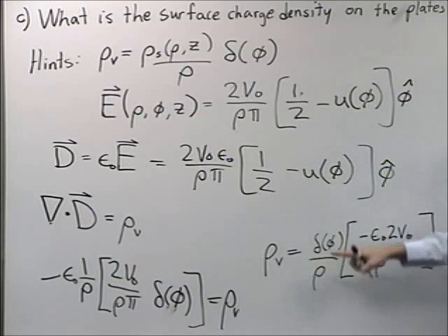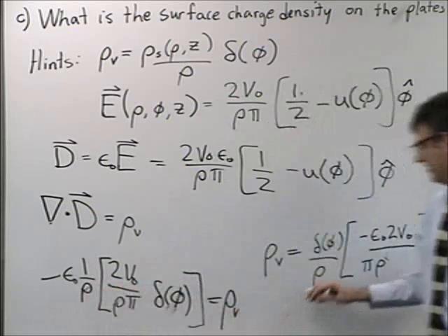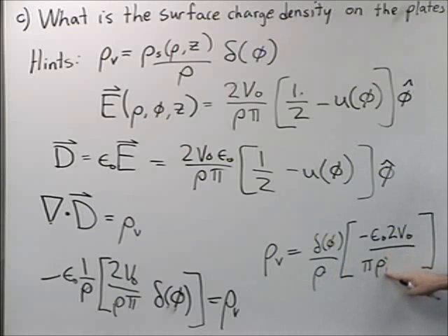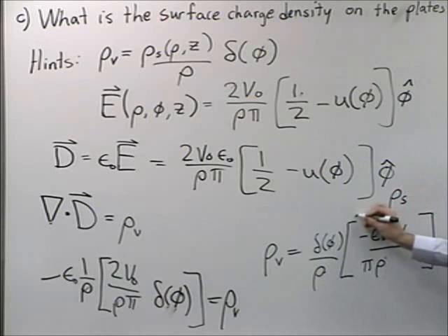I get a rho squared from here and here. I take one of them out, so I just get a rho here. So this is my surface charge density. And let's see, I need a 2. I got a 2. I got a 2. So that's it. That's my surface charge density.